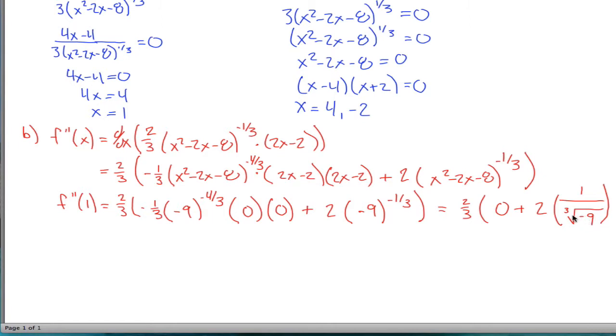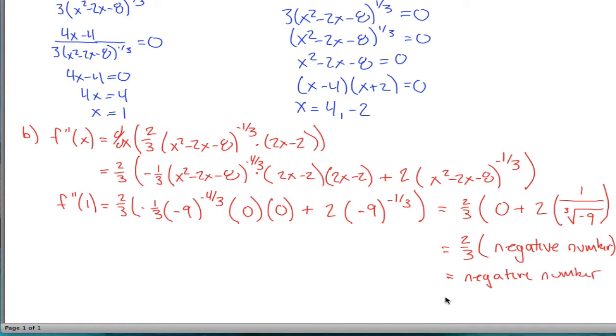Right? If you take a negative number and you take its cubed root, you get a negative number. 1 divided by a negative number is a negative number. 2 times a negative number is a negative number. This is 2/3 times some negative number, which equals some negative number.